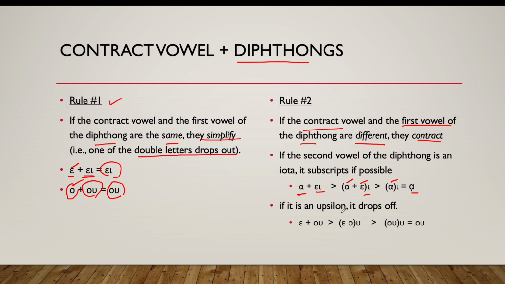If it's an upsilon, it drops out. So epsilon plus omicron forms an ου, okay, which we saw on the previous page. And this upsilon left over simply drops out and you get the ου, okay?